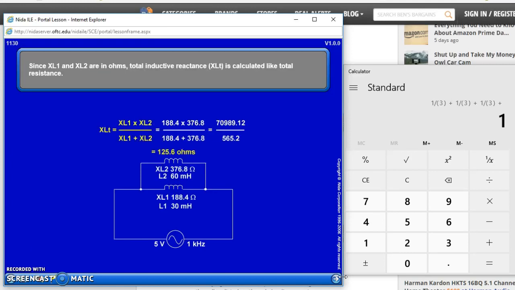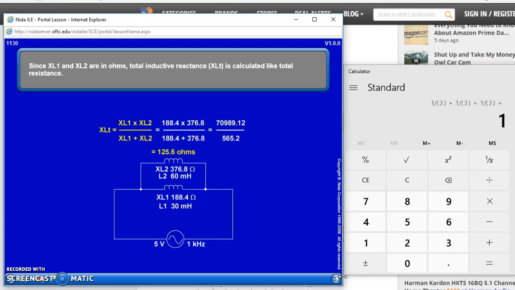In order to get X of Lt, we have to apply the product over sum or the reciprocal to that. So X of Lt, if we have individual X of L's, is product over sum: XL1 times XL2 over XL1 plus XL2.